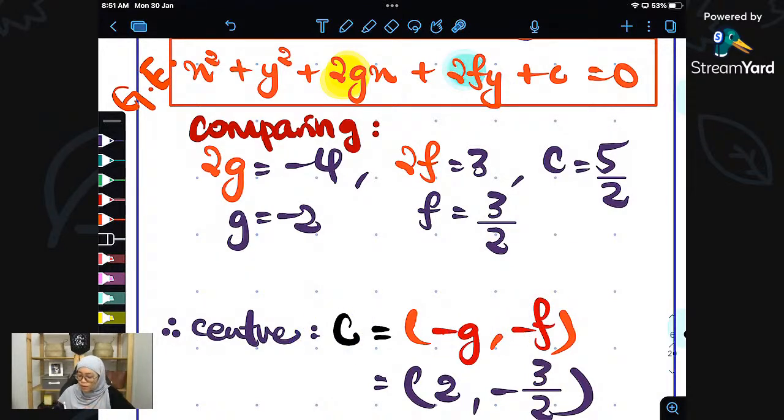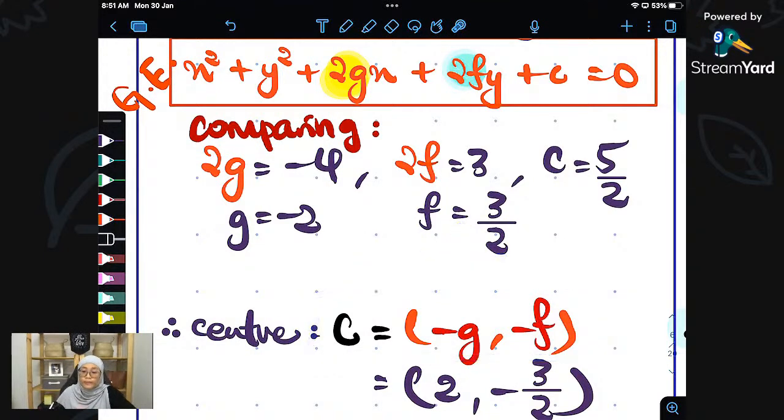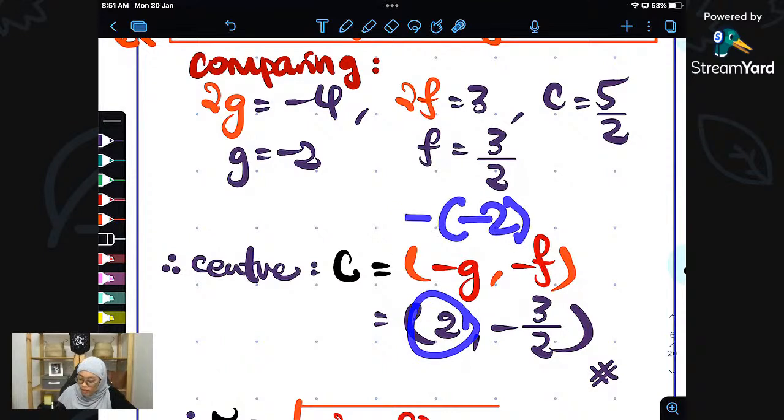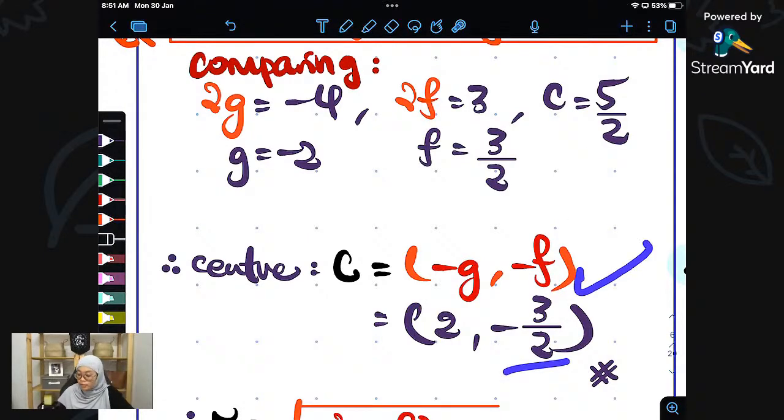Okay, jangan lupa, benda ni wajib hafal. You must memorize this. Then you'll be good. And so it becomes 2 only sebab negatif darab negatif 2 adalah positif 2 dan negatif darab 3/2 adalah negatif 3/2. So this is our center.